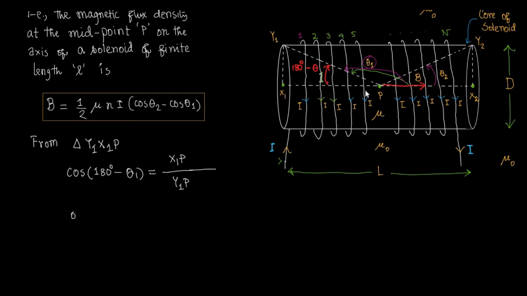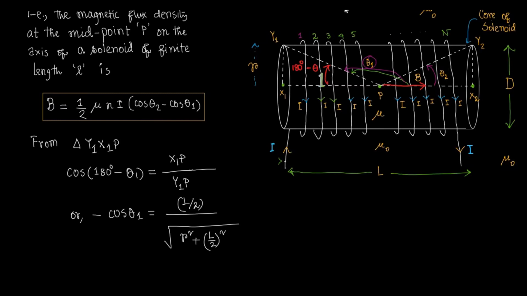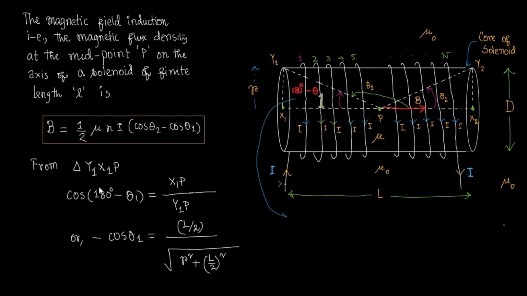So minus cos theta 1 is equal to, in place of x1p, we can write L by 2, divided by root over r square plus (L by 2) whole square, where r is the radius of the circular cross section of the solenoid.